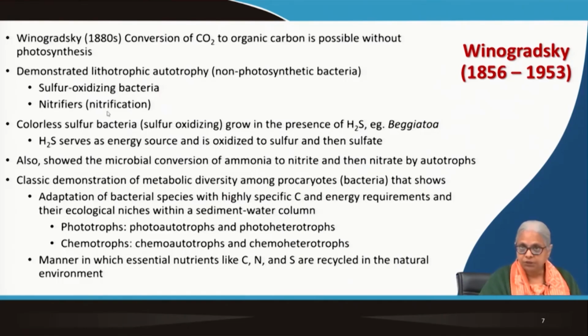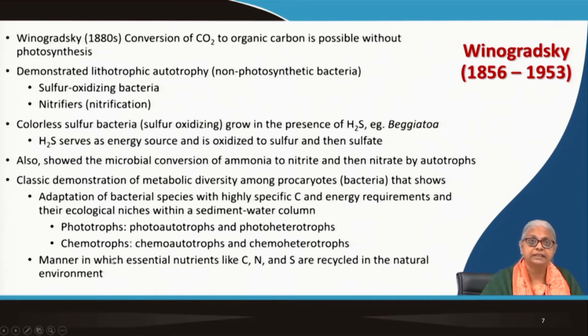This was demonstrated by Winogradsky. It's a classic demonstration of the metabolic diversity amongst bacteria. It shows the adaptation of bacterial species with very specific carbon and energy requirements and their ecological niche within the water sediment column. You have phototrophs, both photoautotrophs and photoheterotrophs. You have chemotrophs, both autotrophic as well as heterotrophic.